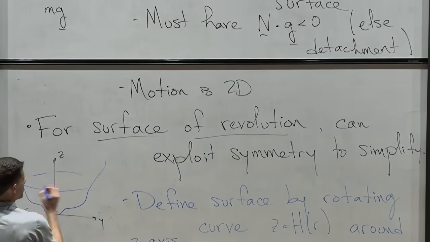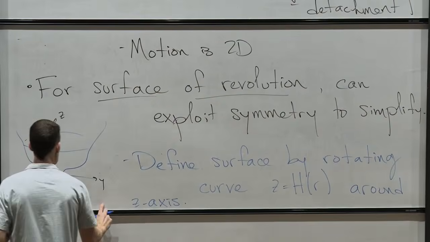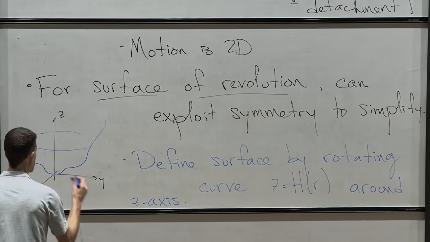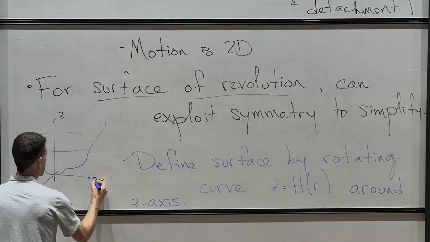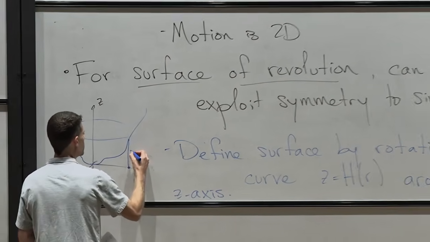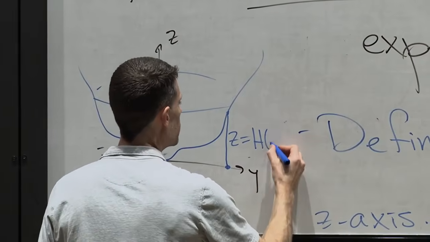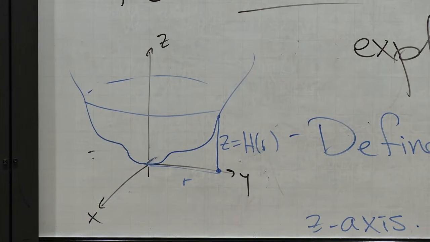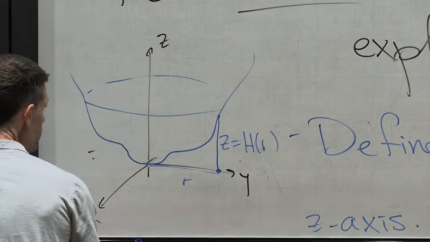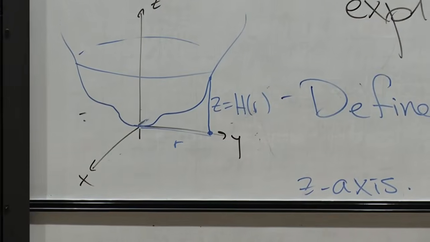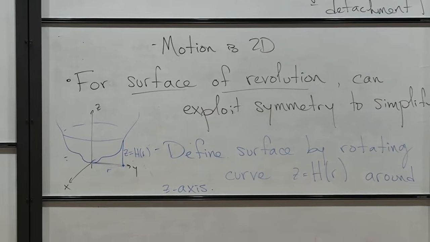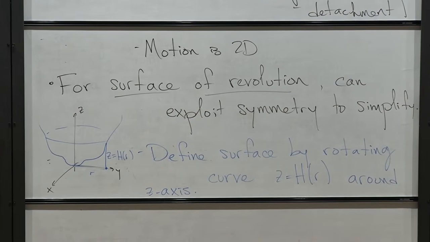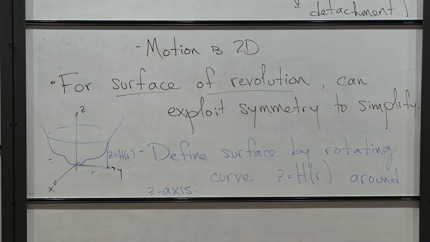So take a distance r, or for instance, just go out in the y direction, and this is for a given radius, H of r. That symmetry suggests I should exploit polar coordinates, really cylindrical coordinates for a surface of revolution.